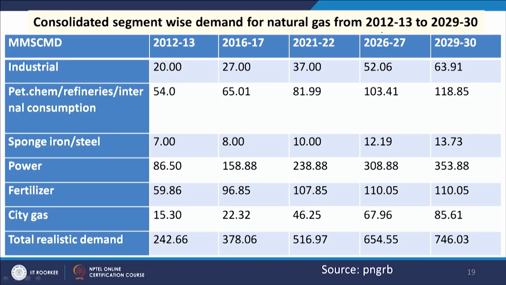This is a segment wise demand for natural gas from 2012-13 to 29-30. For the industrial sector, it was 20 MMSCMD in 2012-13, and it is expected to be 63.91 MMSCMD. Similarly, for all sectors it is expected that natural gas utilization will increase in the near future.